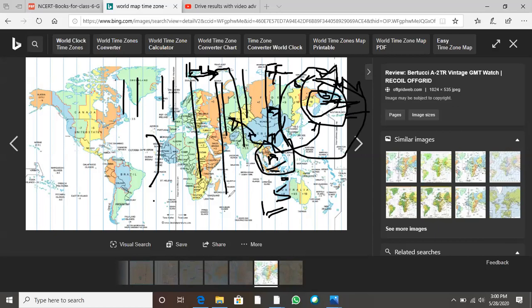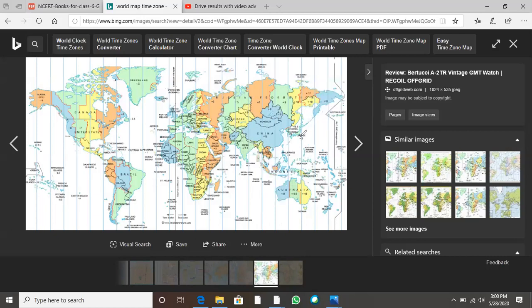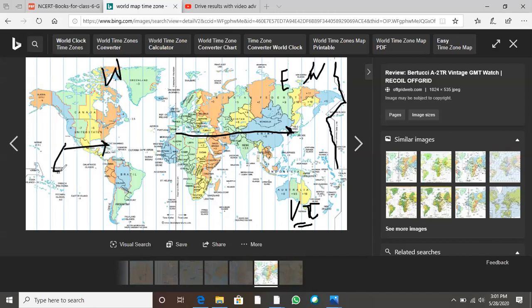Now, this is clear. But if you move like I am moving from here to here, you reach this point, which is basically the International Date Line. Here my east and my west sides merge.